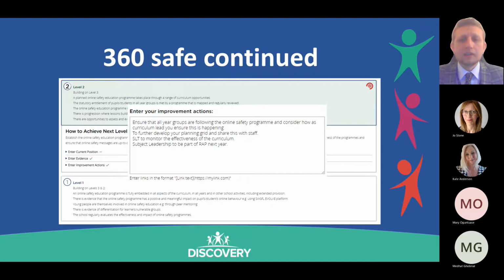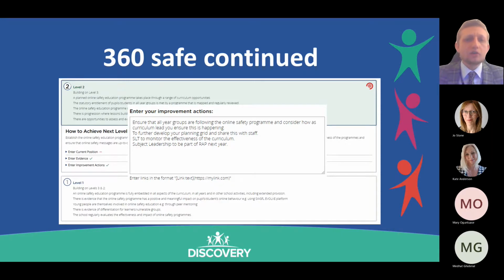These are very clearly laid out, and as you read through them, you can judge where your school is, or where you think your school is, based on that criteria. What it then allows you to do is, for example, on this one, we believed we were level 2, and it gives you a clear idea of how you can achieve the next level, and also what is within level 1. I think that's quite nice, to see what experts in the field think you need to do to get to the next level.